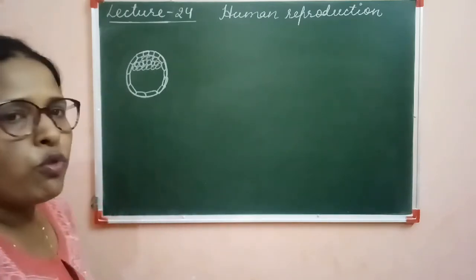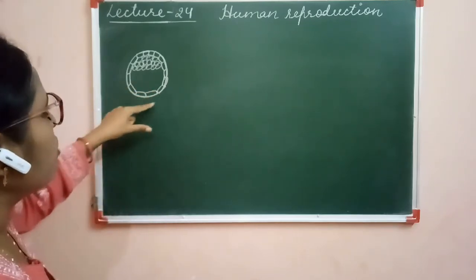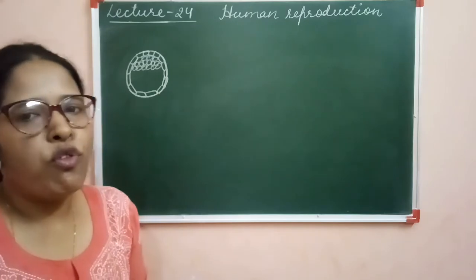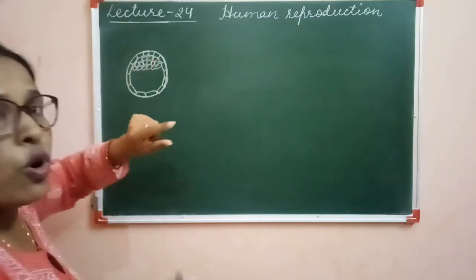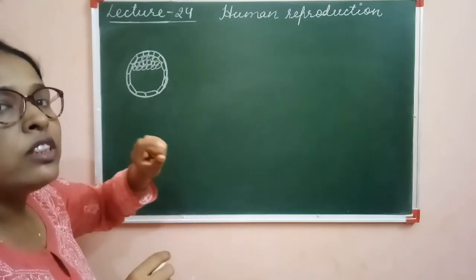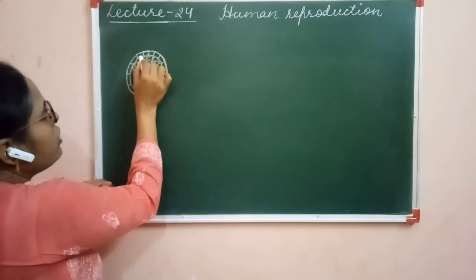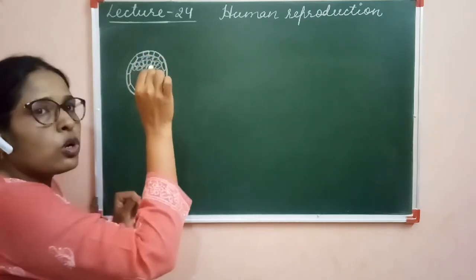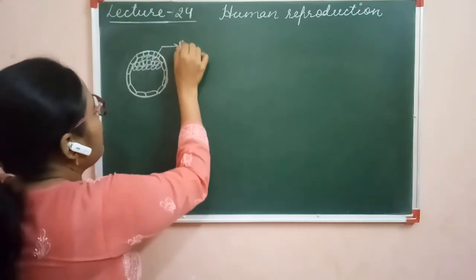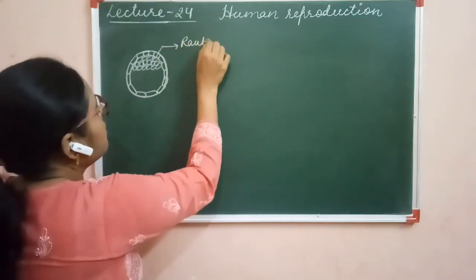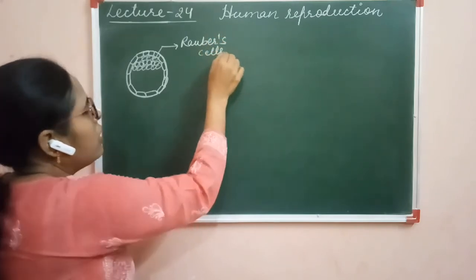These are the cells of embryo which are going to convert into the embryo, and the outermost layer is the trophoblast layer. The cells of the embryo which are in close contact with the trophoblast are called Rauber's cells. These are the Rauber's cells.